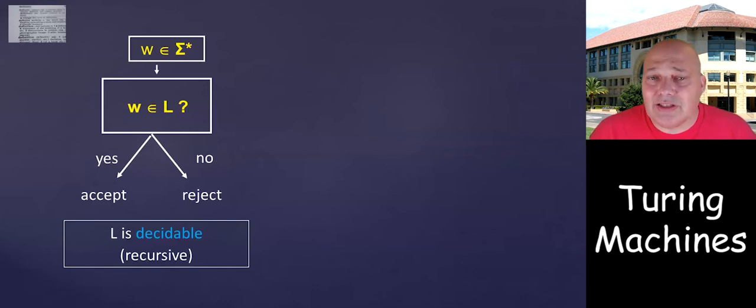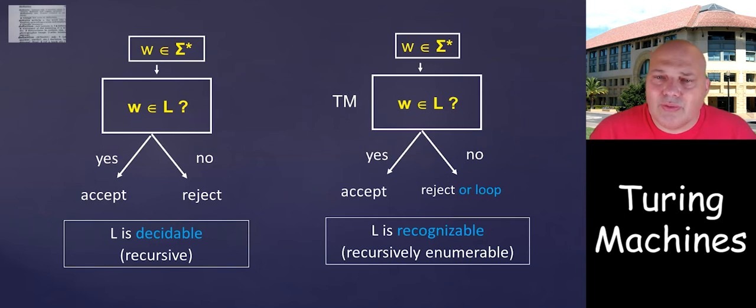And this means that you are deciding it. For recognizability, what you can do is to say yes, to accept every W in L, and then to reject or loop for every W that's not in L. And we'll see examples where you cannot really decide, but you can recognize.